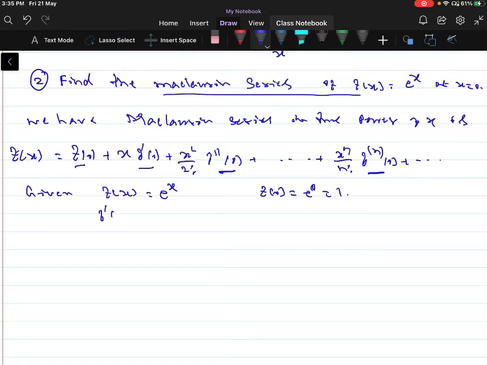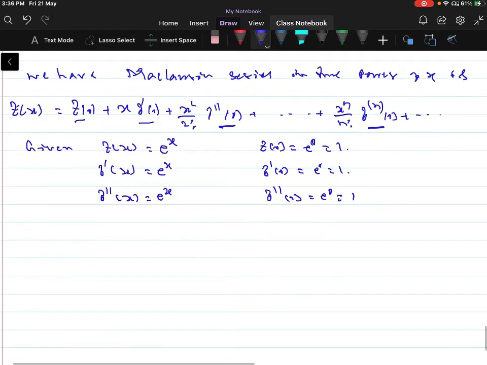So let us differentiate: f dash of x is equal to e power x, f dash of 0 again e power 0 is 1, f double dash of x is equal to e power x differentiated, e power x only, f double dash of 0 is equal to e power 0, that is equal to 1. So and so on. If I differentiate f n times, that is equal to e power x only. So nth derivative of f at x equal to 0 is equal to e power 0, that is 1.